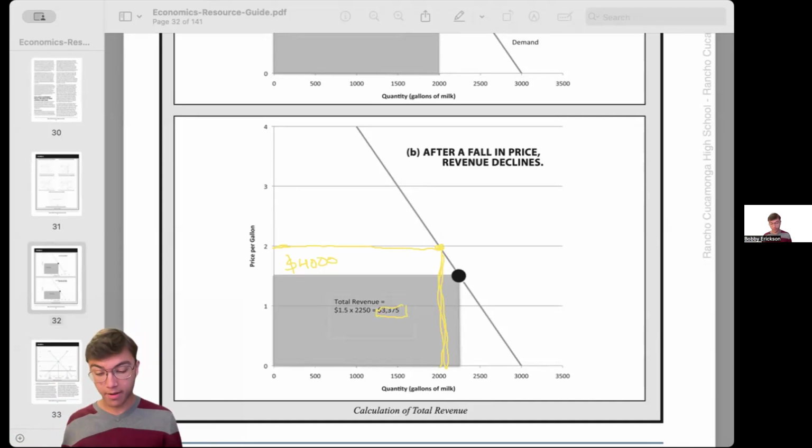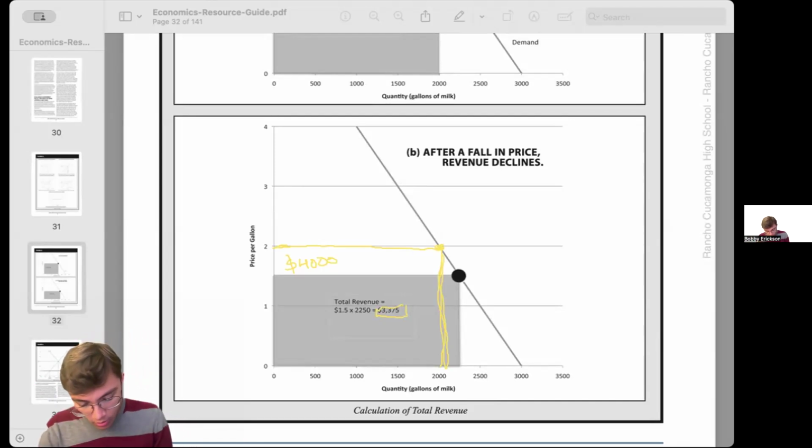What does this imply? Well, it implies that there is an inelastic demand. Yes. The price elasticity of demand is inelastic.